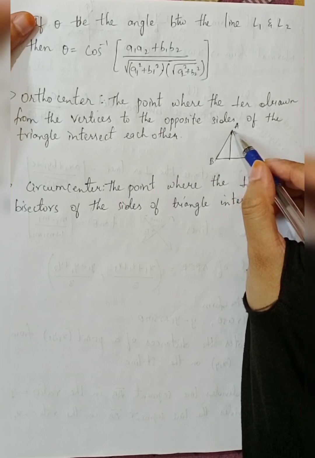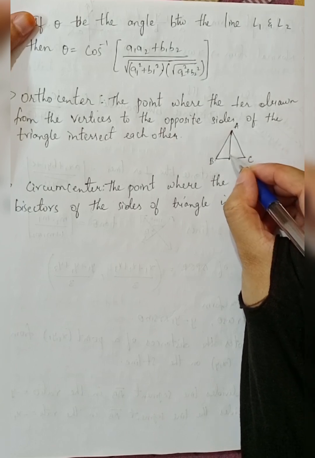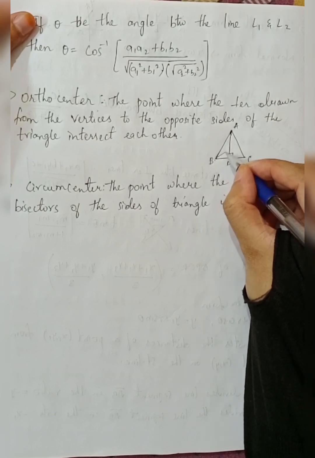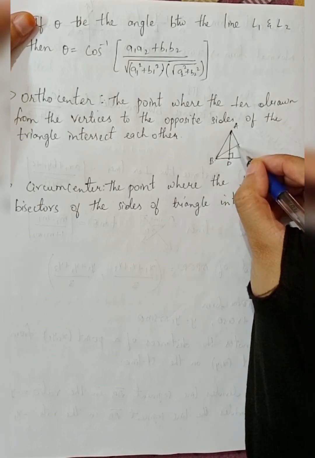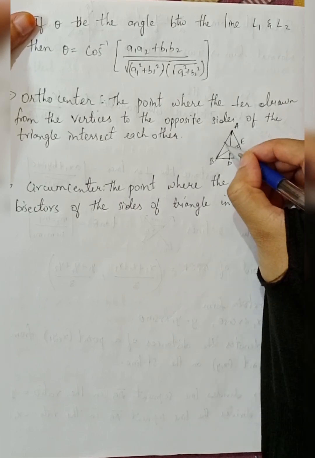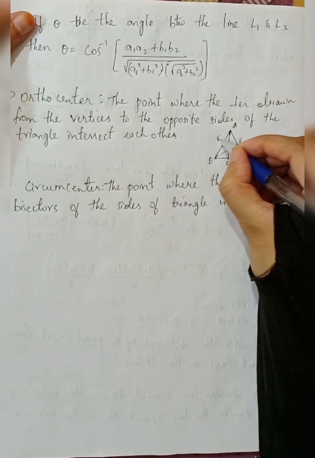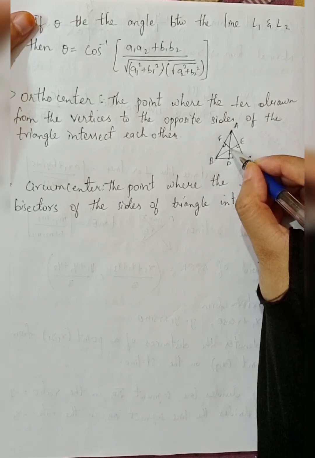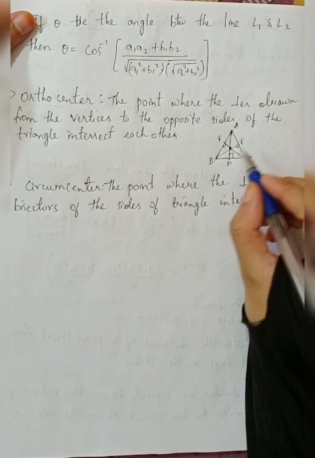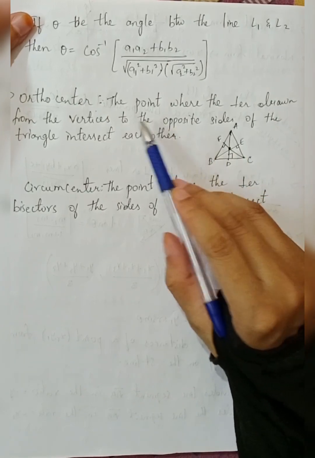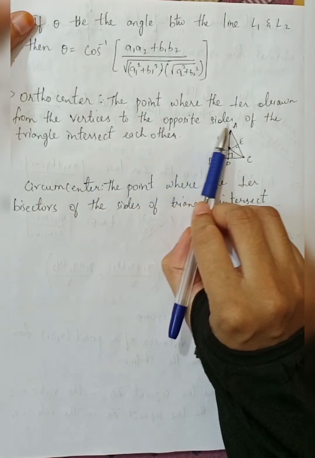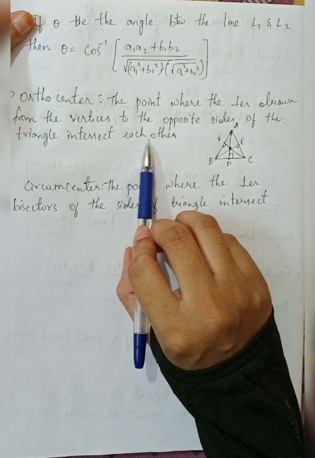A, B and C. So from the vertex A we can draw an altitude, name it as D. Similarly from the vertex B also we can draw the altitude, name it as E. Similarly from C, name it as F. So here all these three altitudes will intersect at a point. So that point is called as orthocenter, the point where the perpendiculars drawn from the vertices to the opposite sides of the triangle intersect each other.